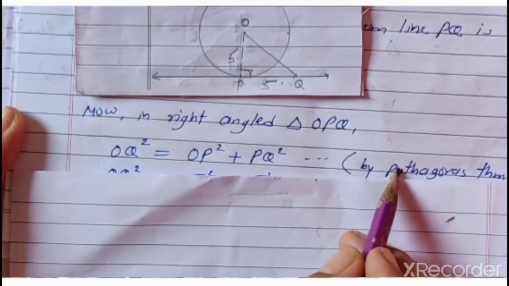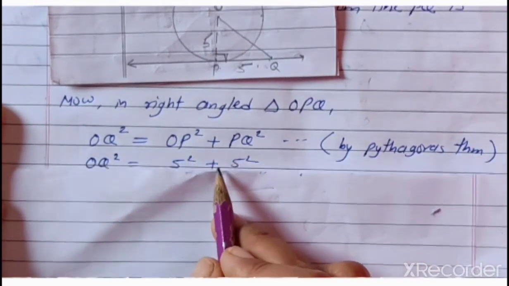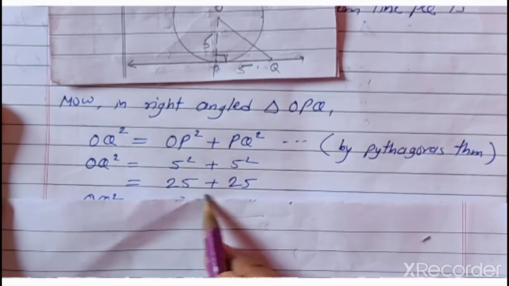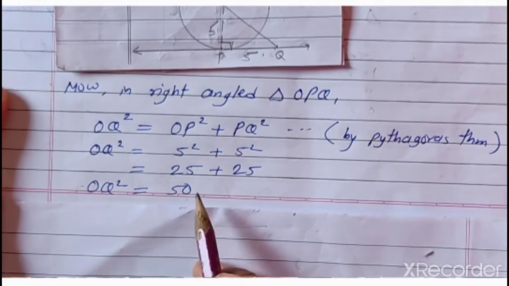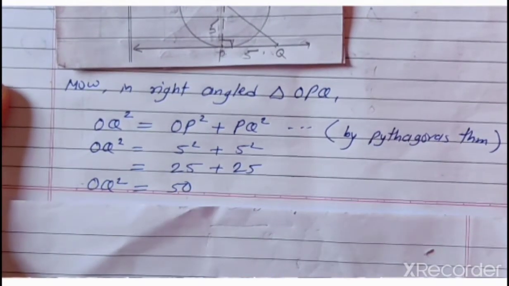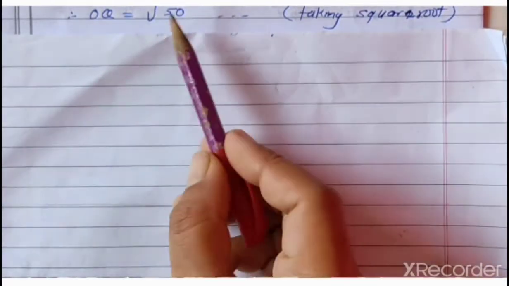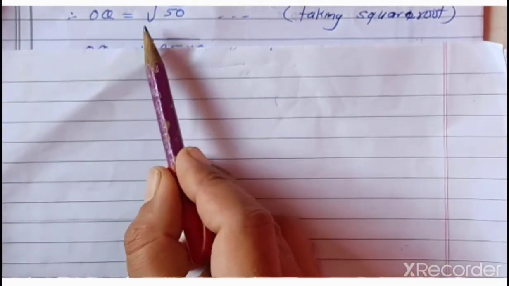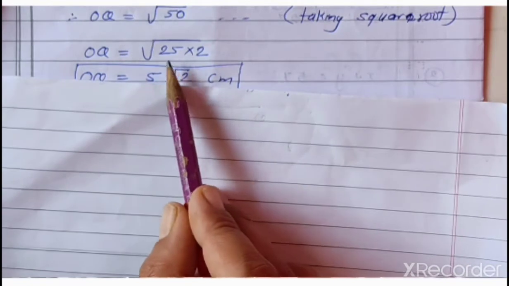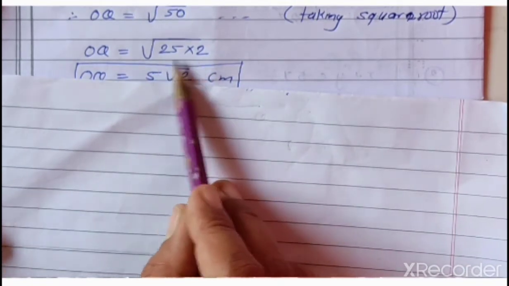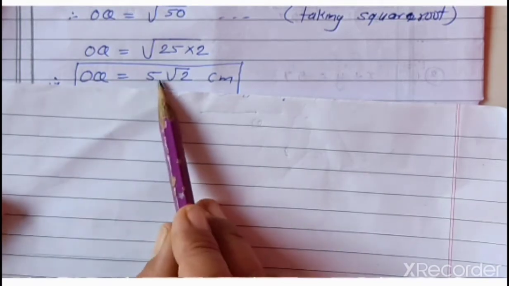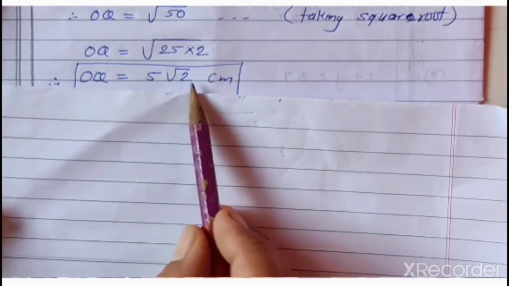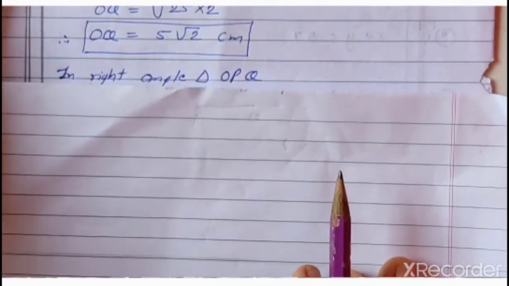So by using the Pythagoras theorem, you will get this step. So OQ square is equal to 50. Take square root on both sides. Taking square root on both sides, you will get root 50. Root 50 you can factorize this way. 25 is a square of 5. So this distance OQ is equal to 5 root 2. Let's solve the next question.